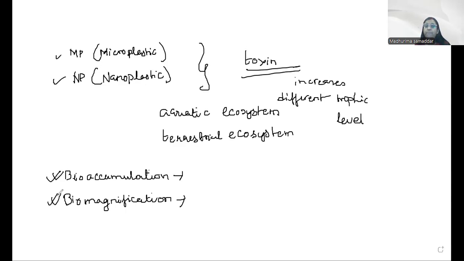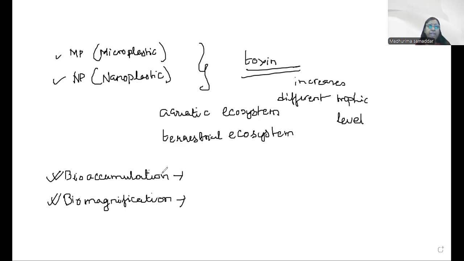So it is a major problem for our environment because it is entering into the food chain. It is not only the food chain, it is having an impact on the food web.